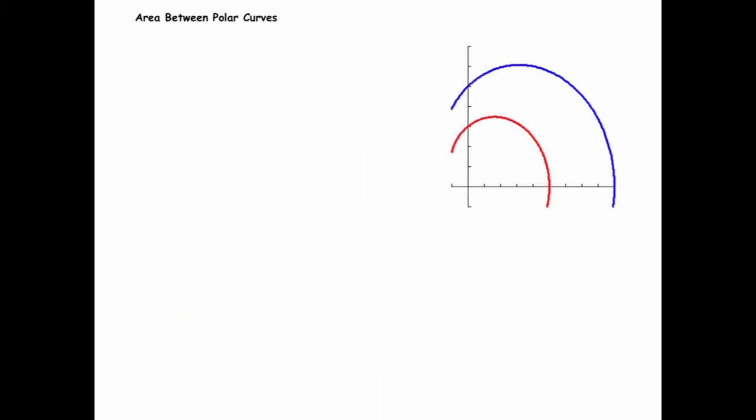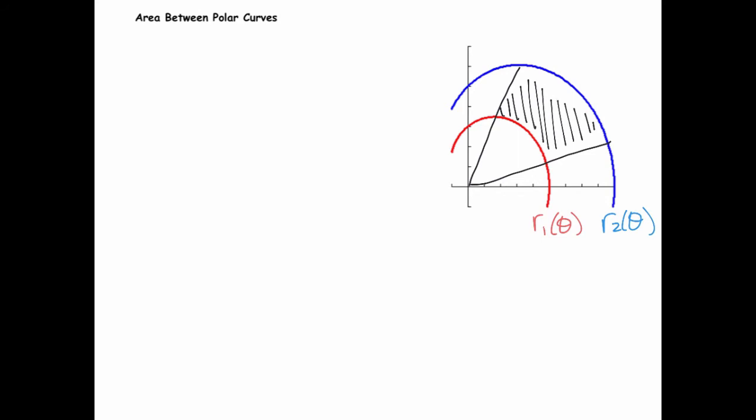So let's formalize what we just did here. Let's call this curve here R1 of theta. It's just curve 1. And let's call this curve here R2 of theta. So let's say we wanted this area here. We know that this corresponds to an angle alpha, and this corresponds to an angle, beta.